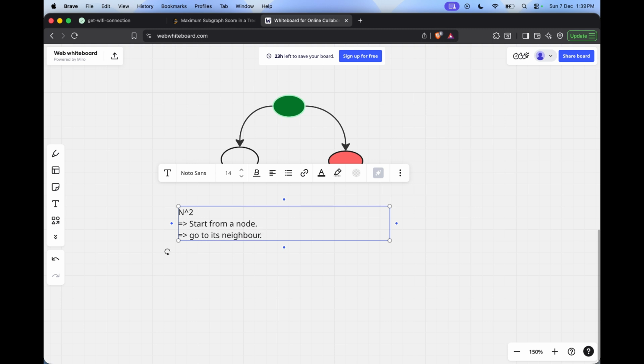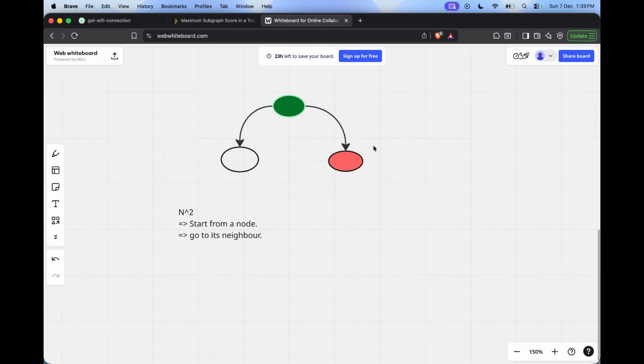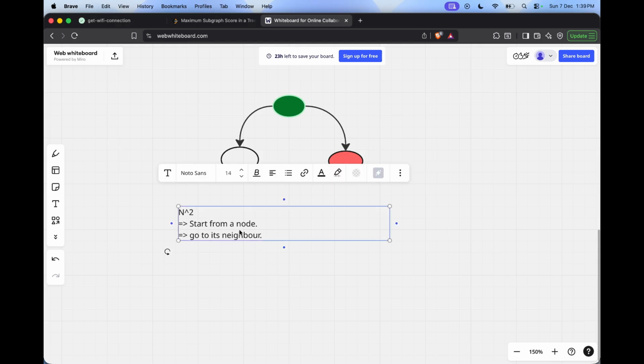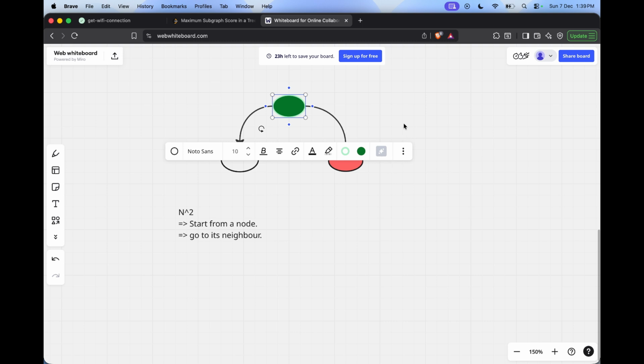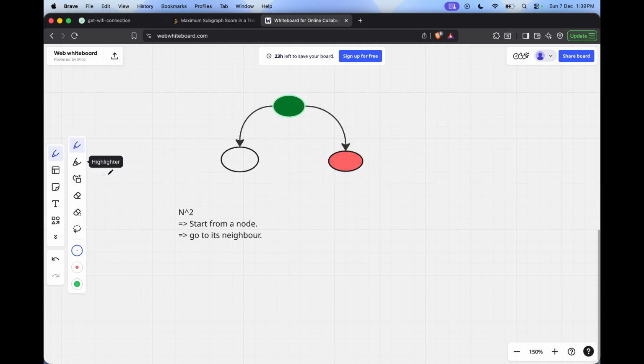Now, if a neighbor gives positive value, let's say the depth of the neighbor subtree up to which it gives us maximum value, that depth should be included. That is the subset that gives us maximum value from its neighbor. Let's say this is the green node, and its second subtree, denoted by this particular node. The maximum value its subtree gives should be counted in the score of this particular node.